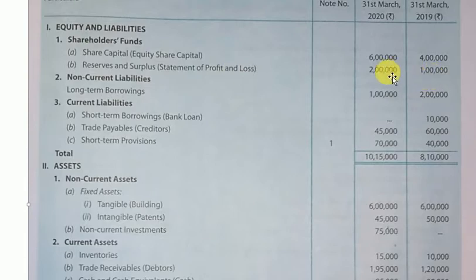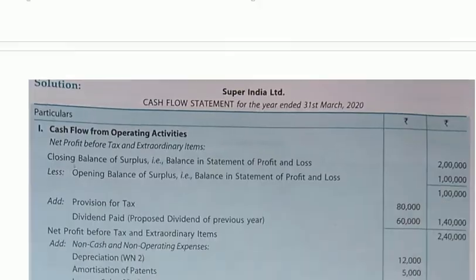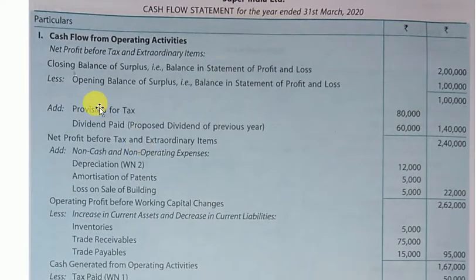That means an increase of profit by 1 lakh. We all know an increase of profit is a part of operating activity. So point number 1, cash flow from operating activities, net profit before tax and extraordinary items 2 lakh minus 1 lakh, that is 1 lakh. Instead of showing 2 lakh minus 1 lakh, you can directly write 1 lakh as net profit.